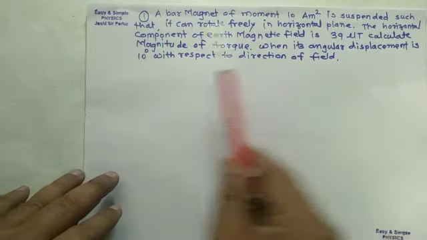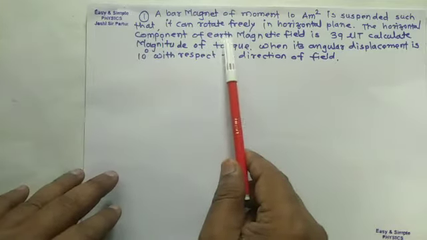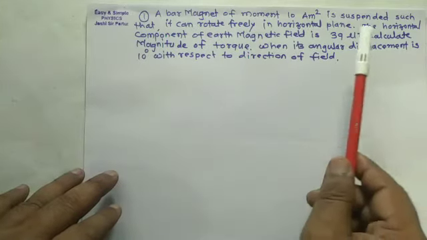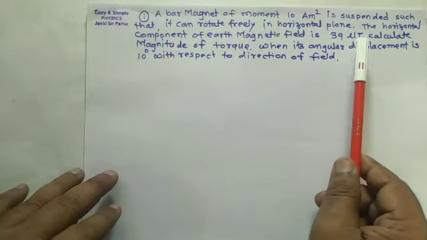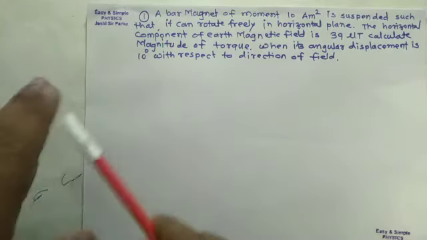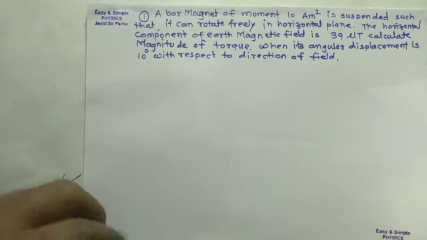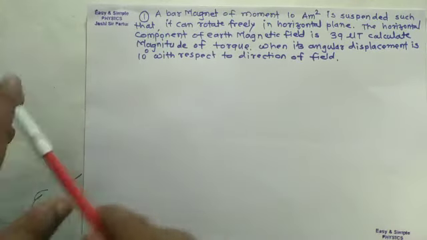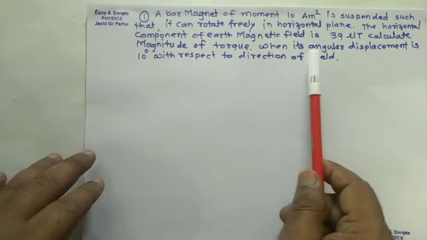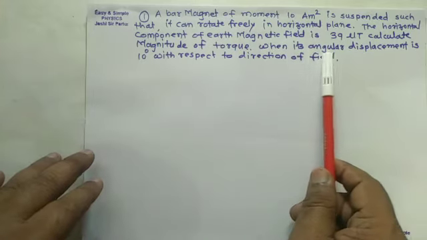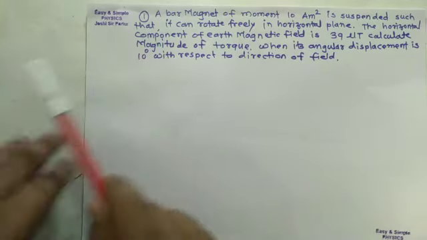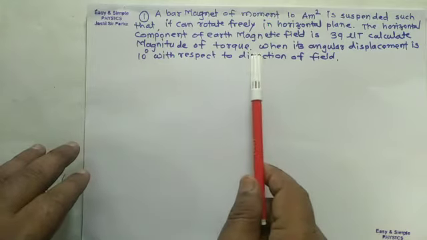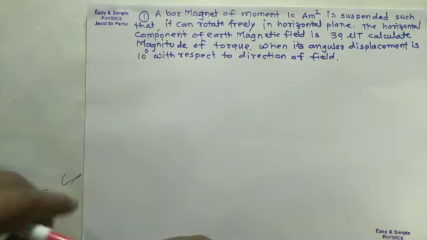The horizontal component of earth's magnetic field is 39 microtesla. Calculate the magnitude of torque when its angular displacement is 10 degree with respect to the direction of field.